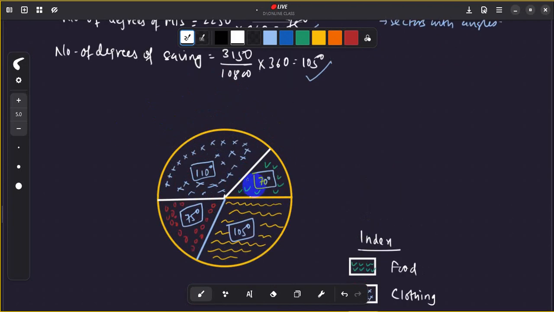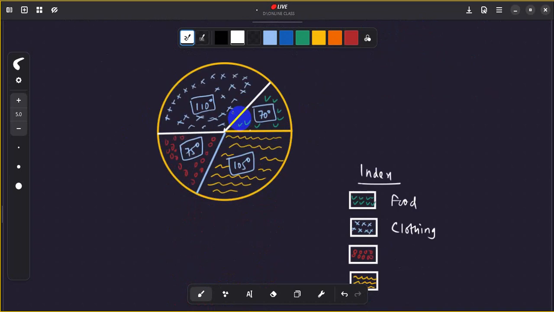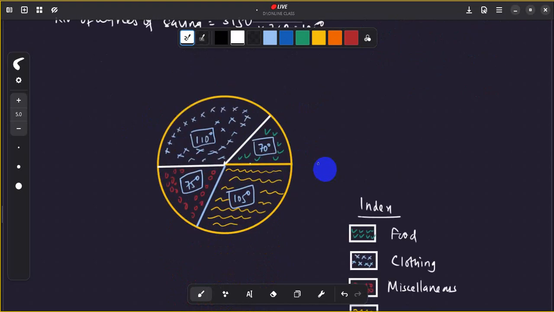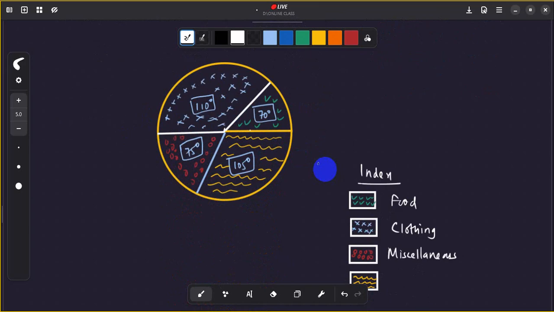Similarly, the third one is 75 and it is for miscellaneous. Next is for saving. 105 degrees is for savings. Okay, so in this way the pie chart is constructed.